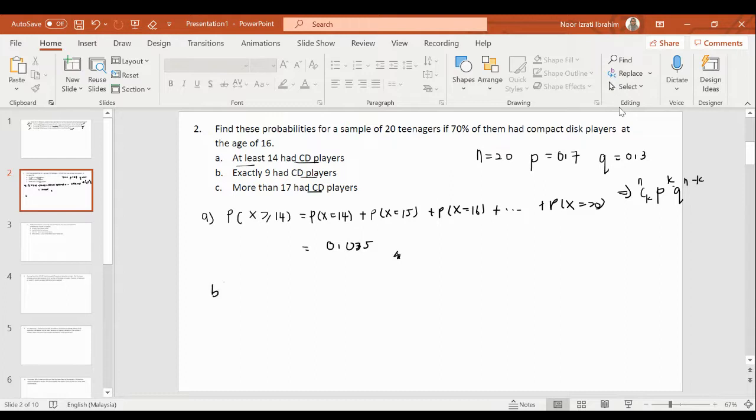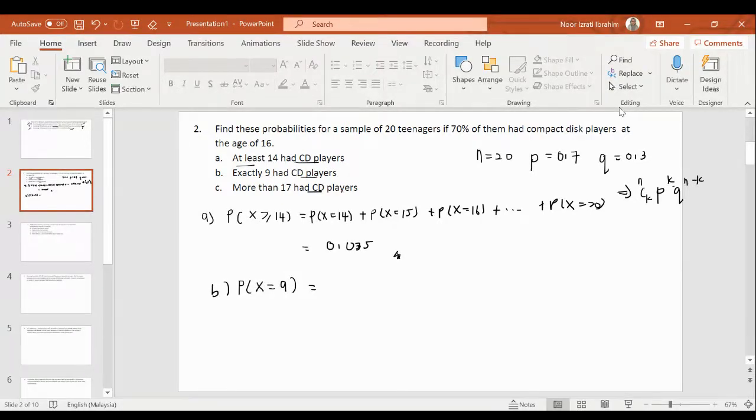For B, exactly 9 had CD players. To find exactly 9, it will be equal to the probability when X equals 9.